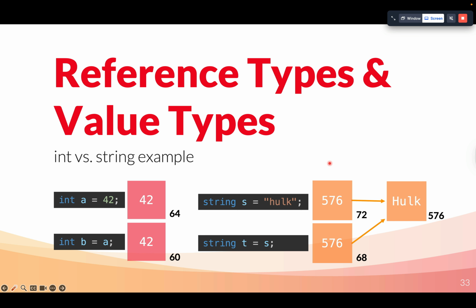So what I want you to take away from this is, when you're dealing with reference types, which would be strings and any object that we make, it doesn't actually make a complete copy. It doesn't clone the thing. It just has another memory address reference to the thing. And the actual data of the object only exists once.